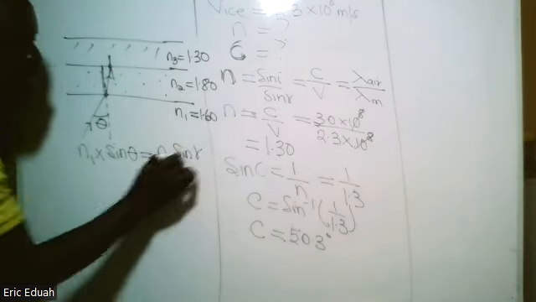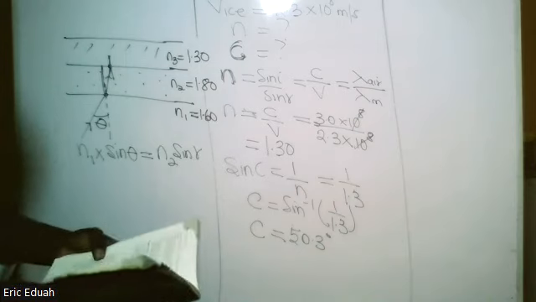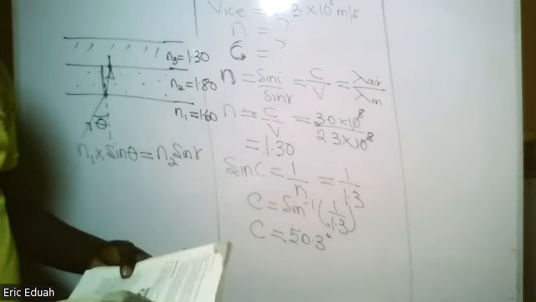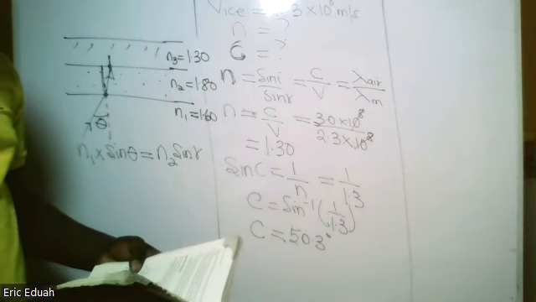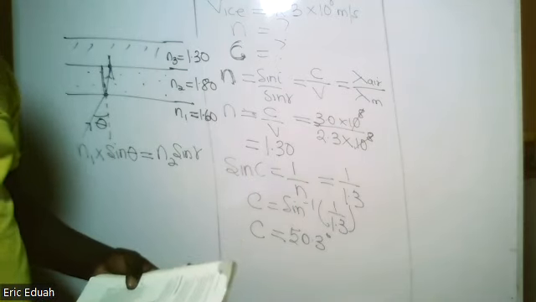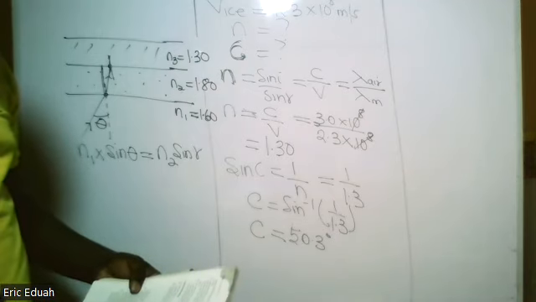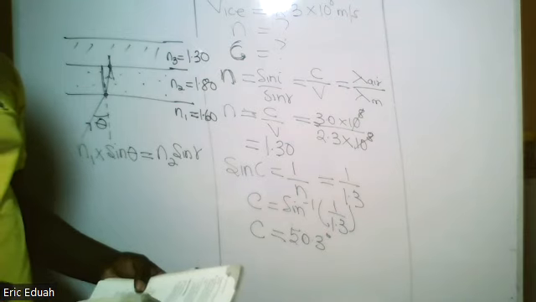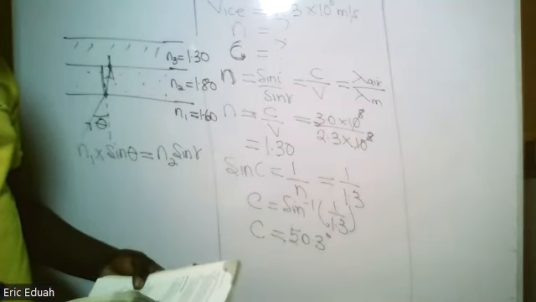Now listen to the question. Go back to the question. It said, in figure, light refracts from material 1 into a thin layer of material 2, crosses that layer, and then is incident at the critical angle on the interface between material 2 and 3.